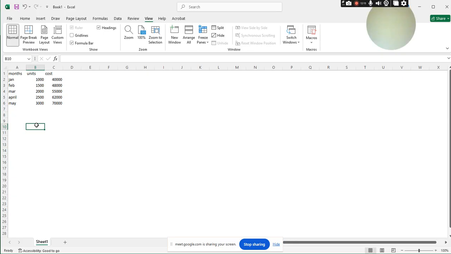We have a variable element and we have a fixed element. So the purpose of cost segregation or cost separation is for us to know the variable element and the fixed element, so that we know how to base our decision.